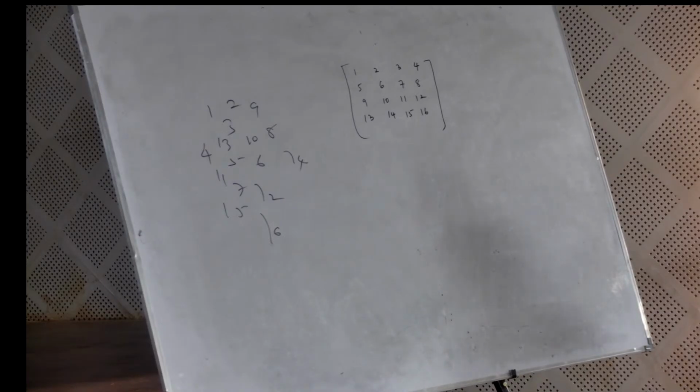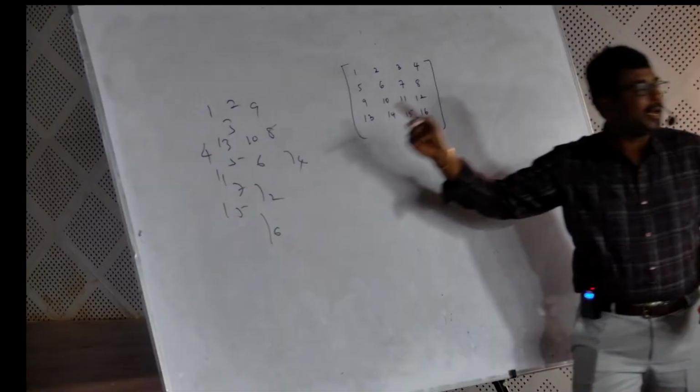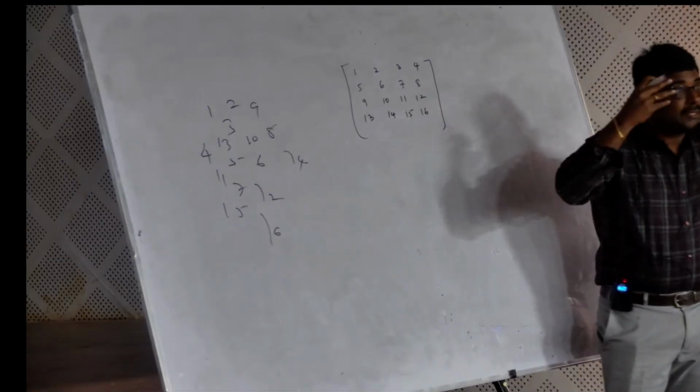Now they are stored in the form of a matrix. Which appearance is good, the left side or the right side? The right side is good for your eyes. Appearance wise, yes, that is good, because the data is entered in the form of rows and columns. This is called a systematic entry.